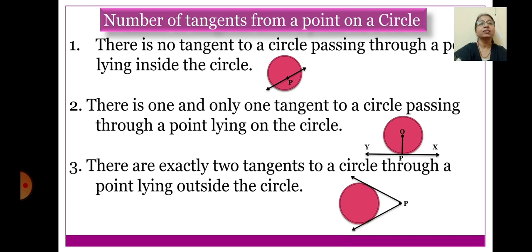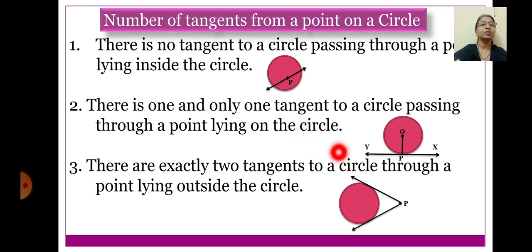No tangent to a circle passes through a point lying inside the circle. Right? We cannot draw a tangent to the circle. In that case, the line will intersect the circle in 2 distinct points. Here, see. The line intersects the circle in 2 distinct points, and such lines are called secant lines. So it is not possible to draw a tangent when the point is inside the circle.